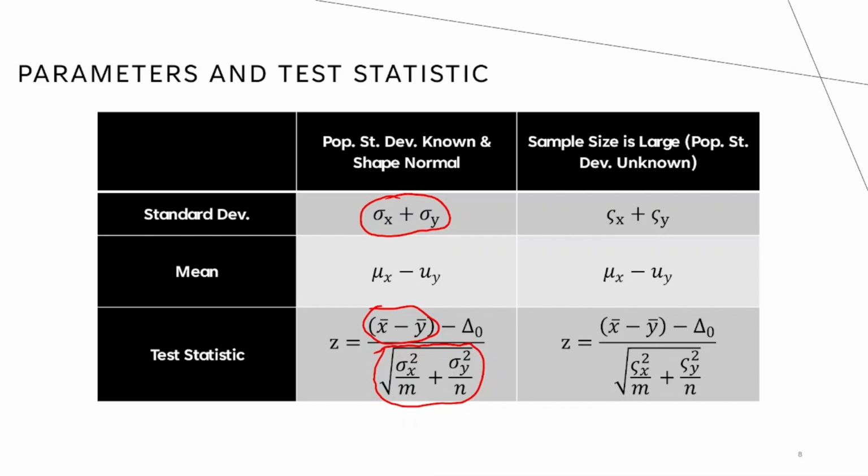And when the sample size is large and the standard deviation is unknown, we get to apply the central limit theorem, and therefore we're just swapping out the population standard deviation and swapping in the sample standard deviation.